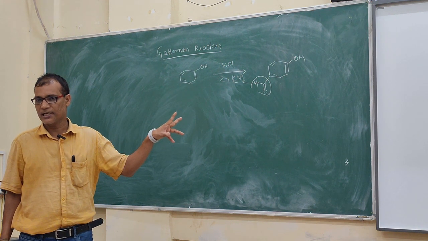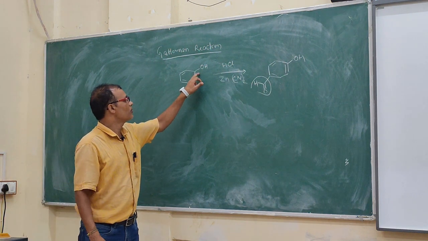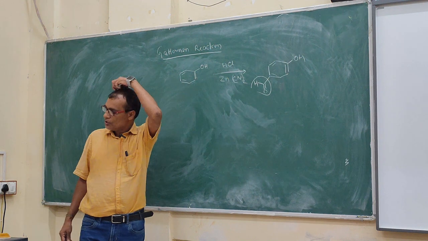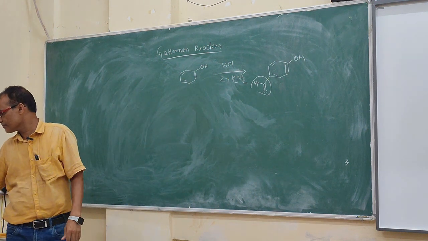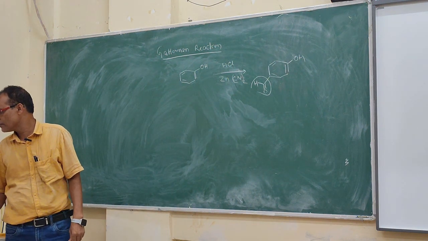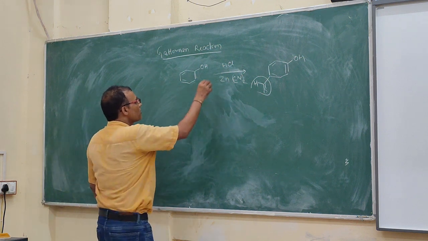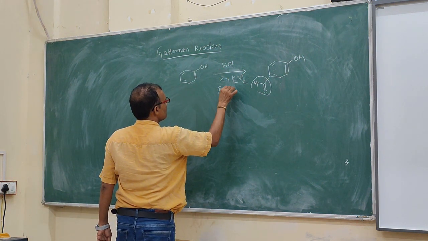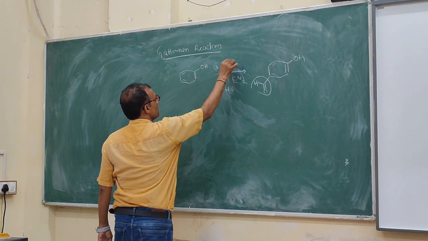So the directive effect will depend on the type of group present here, whether it is electron donating or electron withdrawing. Then let us go for the mechanism. And after that you also need to go for hydrolysis here.